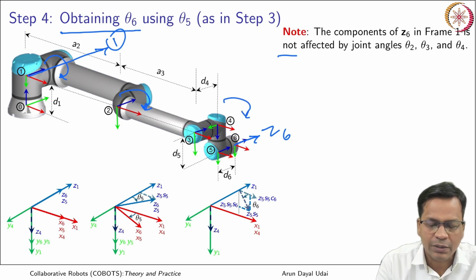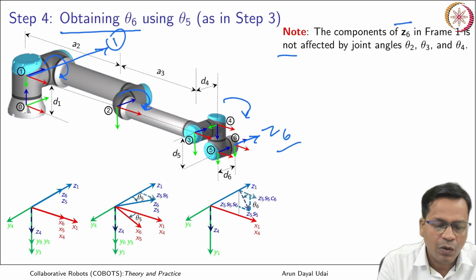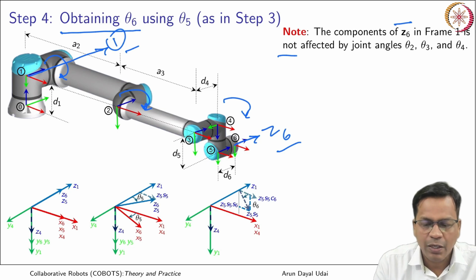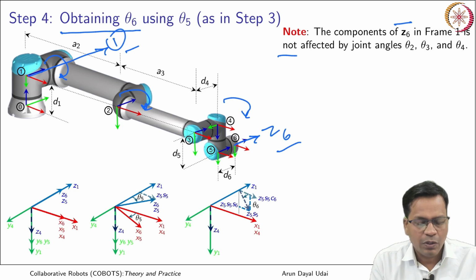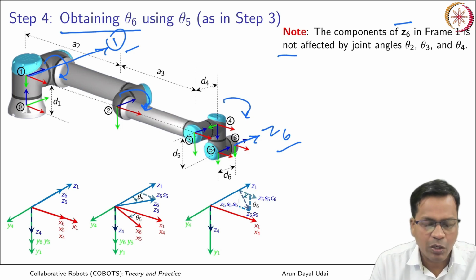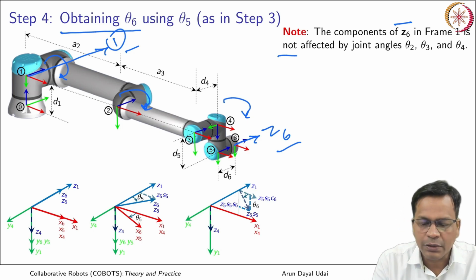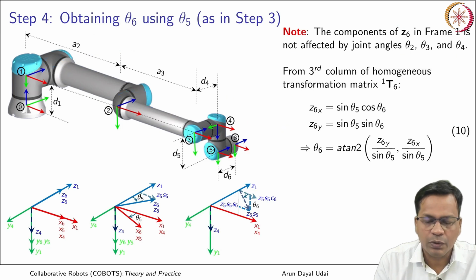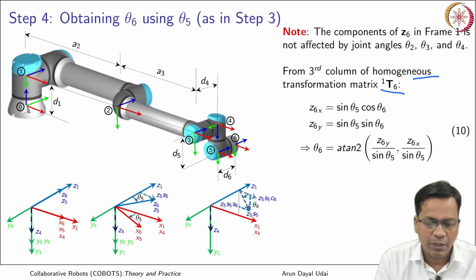So they don't affect the projection of Z6 on Z1. Along this direction there should be no change, because it can only change the x and y components, but definitely z along z is not changing because of any of these rotations, as they are all parallel to each other, that is theta 2, theta 3 and theta 4. So now the third column of homogeneous transformation matrix T1 to 6 should be this.